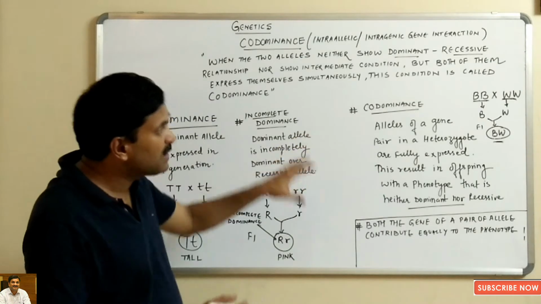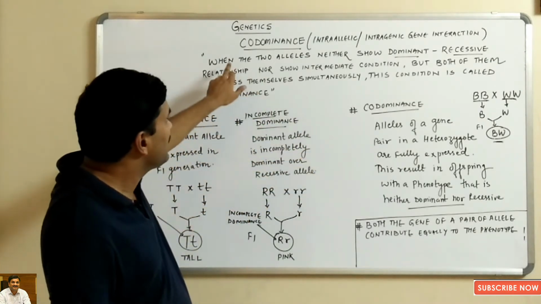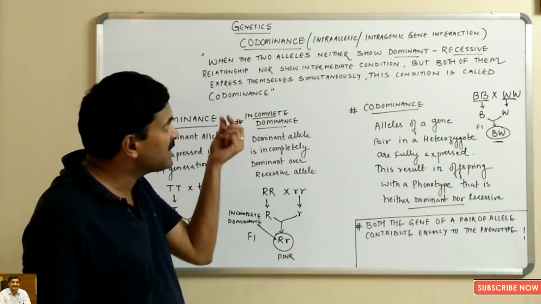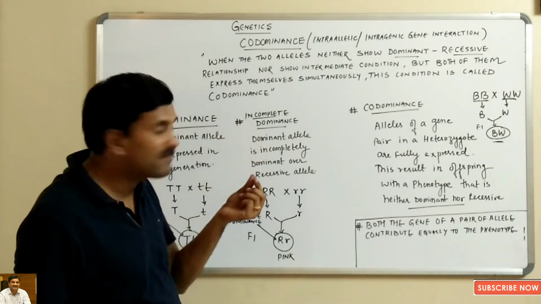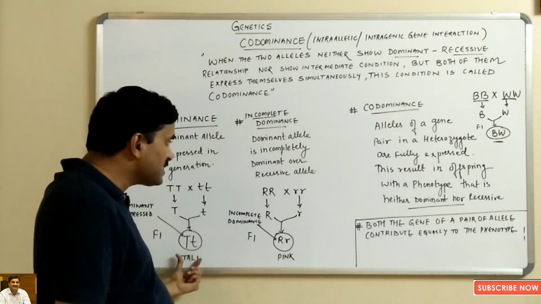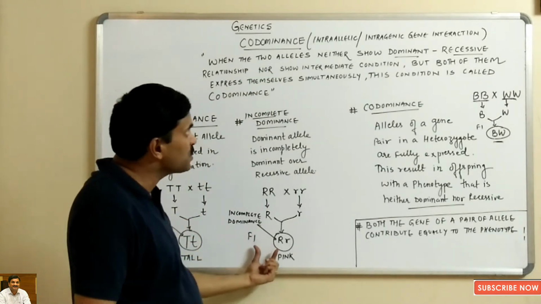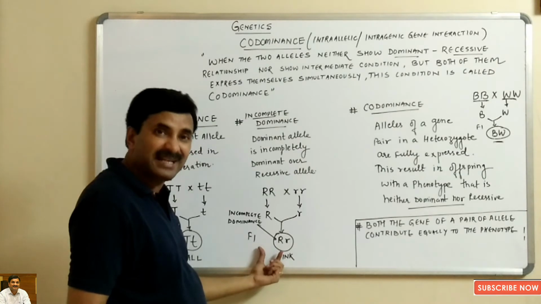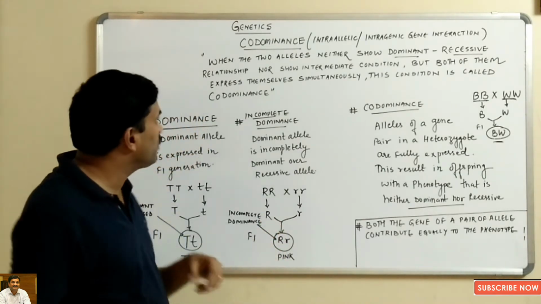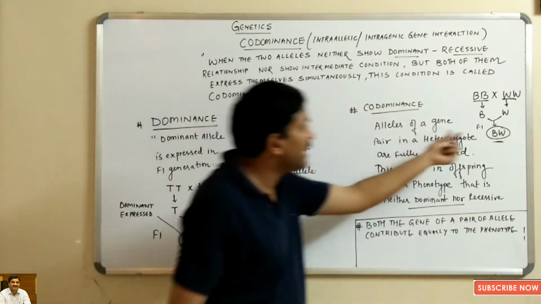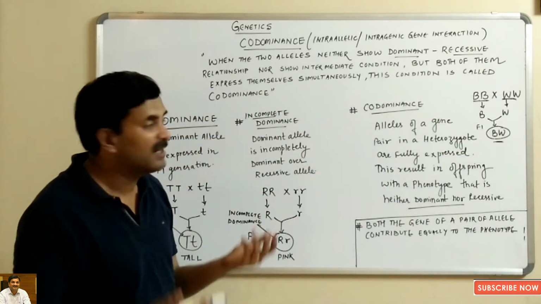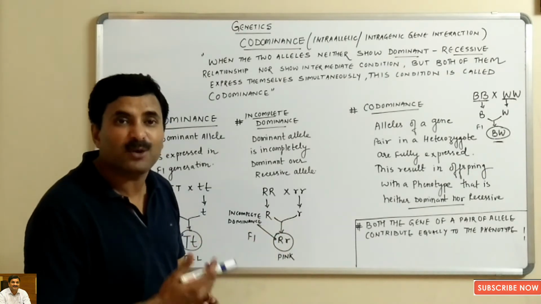So by clubbing the concept, what is codominance? When two alleles neither show a dominant-recessive relationship, nor show the intermediate condition, that is, nor show incomplete dominance, rather both of them are expressed together simultaneously in the F1 generation, this is called codominance.